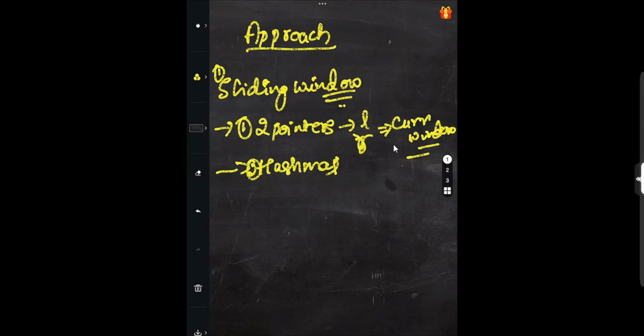In this step, we are just making use of the hash map to track the frequency of the characters in the current window. Why are we making use of the hash map here? To track the frequency of the current window.